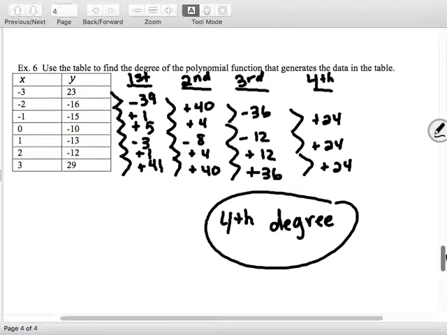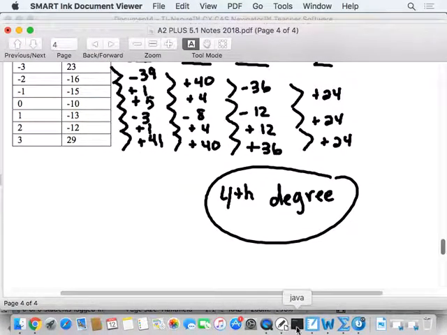So I got it on my fourth difference. So this is a fourth degree polynomial.